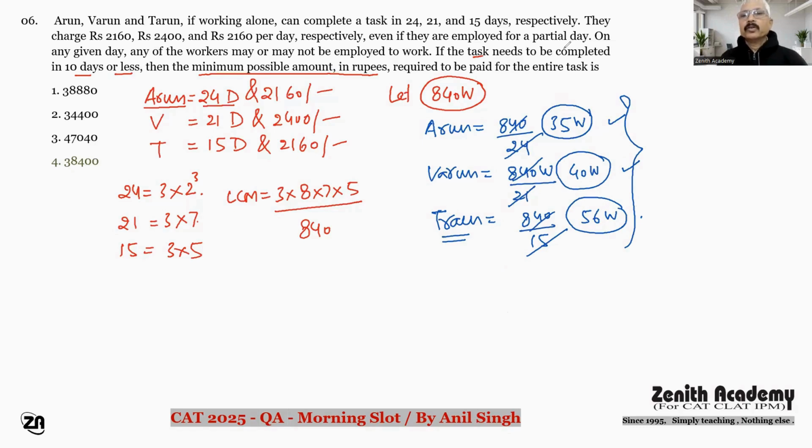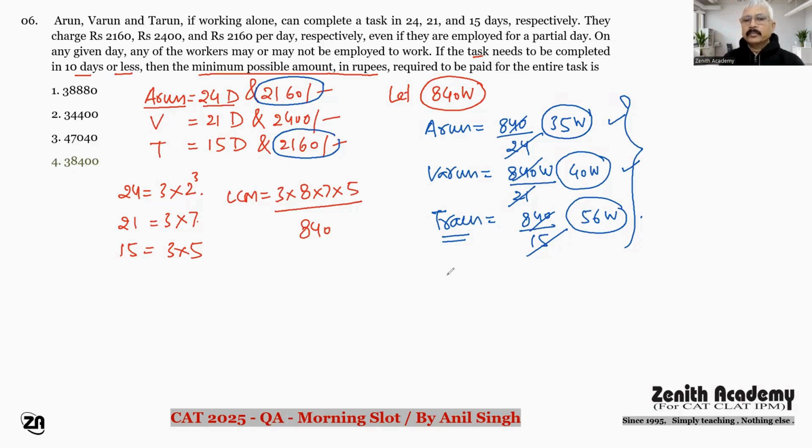Another condition is that the work is to be finished in 10 days or less. Arun is charging 2160 and Tarun is also 2160, while Varun is charging 2400 and he is not as efficient as Tarun is. So definitely Tarun से 10 दिनों तक कंटिन्यूस काम कराना चाहिए.